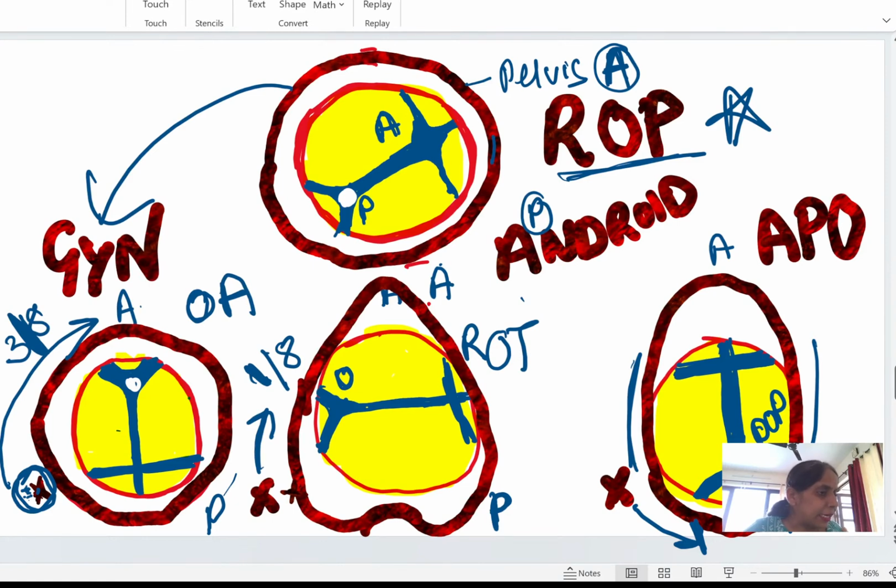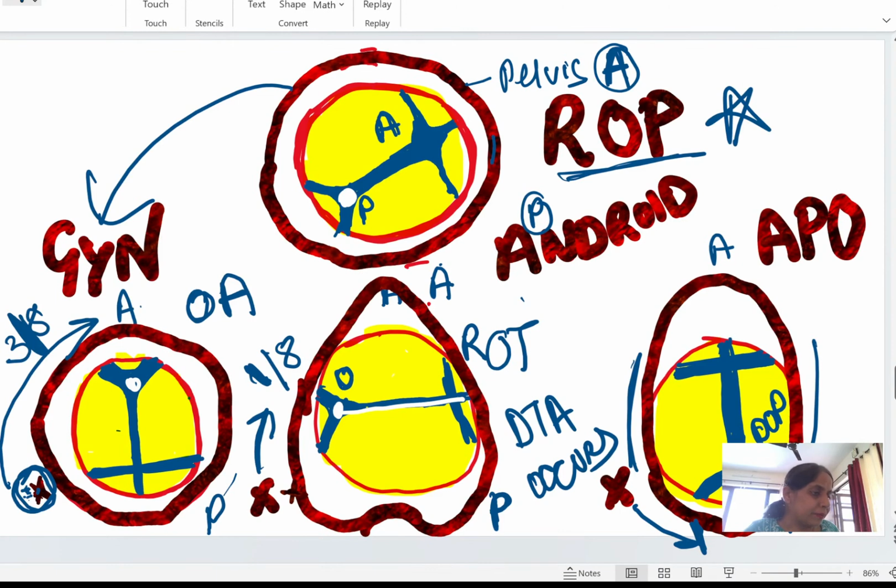In gynecoid pelvis, the posterior fontanelle rotates and becomes anterior, whereas in android pelvis, it becomes transverse. Are you seeing this? And then deep transverse arrest occurs.